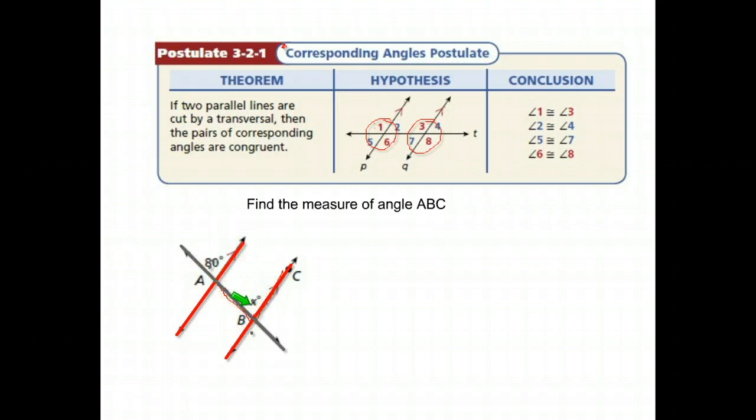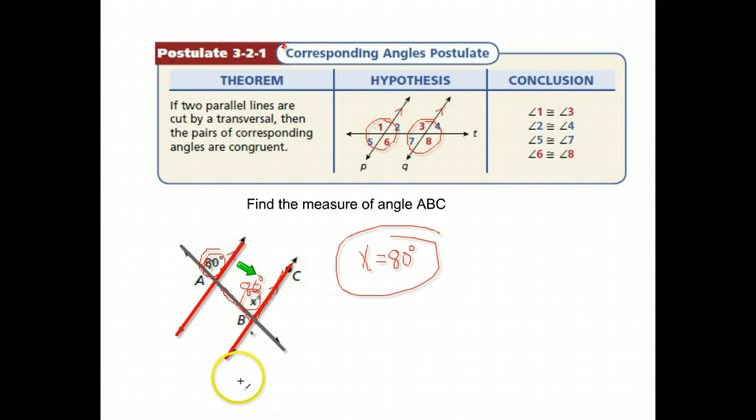So using that postulate, notice this 80-degree angle is the upper corner of its intersection. The X is in the same place. They are corresponding angles, so if they are corresponding, they should be congruent, and this angle would be 80 degrees.